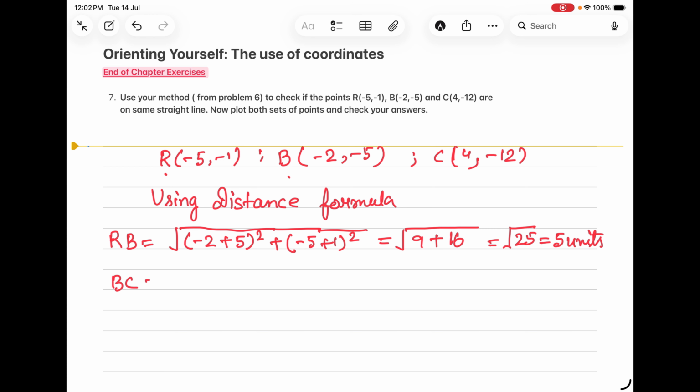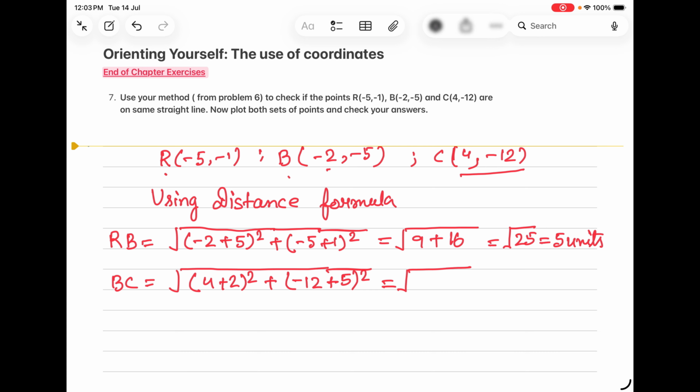Similar way, BC. What is the distance of BC? So this is x1, y1, and this is x2, y2. So x2 minus x1, that means 4 minus x1, minus minus plus 2, whole square, plus y2 minus y1, y2 is minus 12 minus y1, minus minus plus 5 whole square.